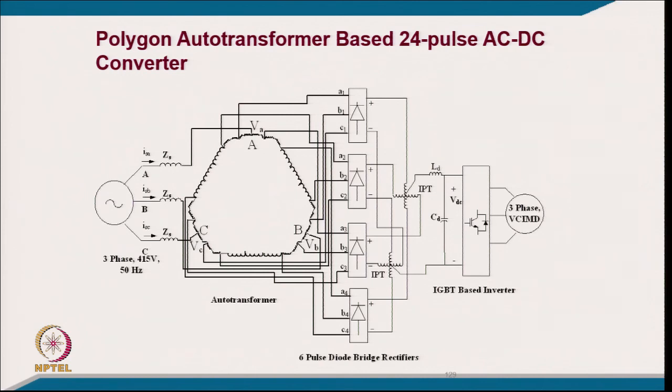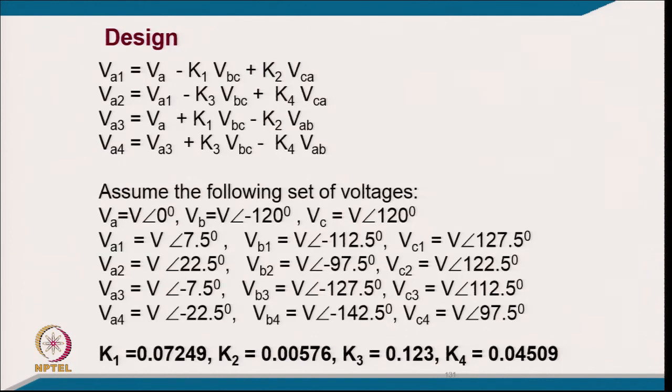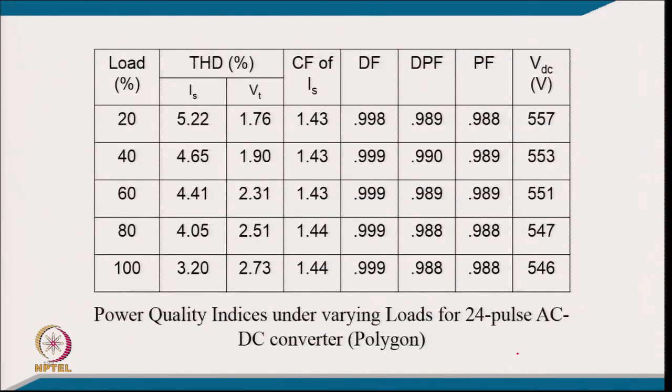So, we have to provide the phase shift again, typically plus 15 degrees, and with the help of this we are able to get the 15 degree phase shift for 4 bridges connected in parallel. This is the interface transformer we are connecting, and this is how the design is done for providing the phase shift on the same circle, how we get it with the phasor diagram, how the equations are formed, and how we get these constants which are used here for getting the same voltage by simple arithmetic calculation.